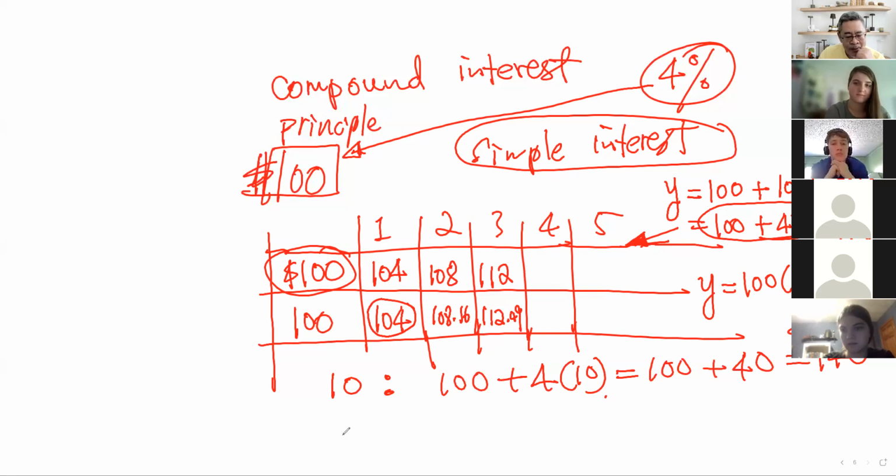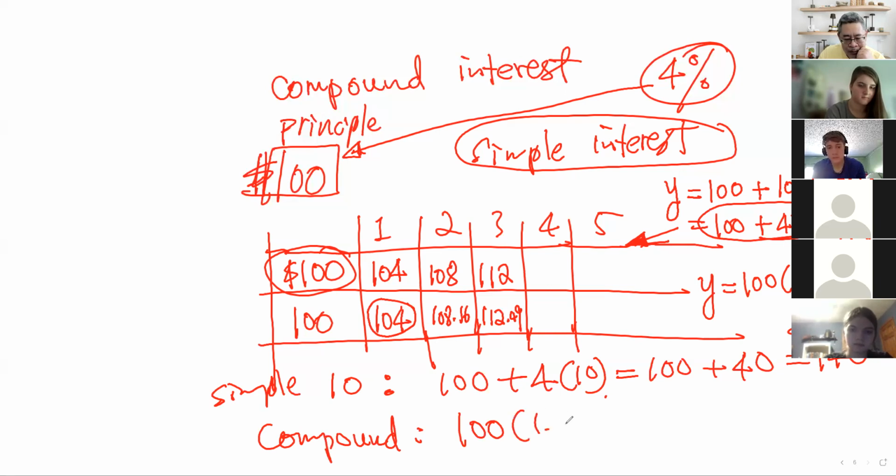Not too bad. For compound, it's 100 times 1.04 to the 10th.